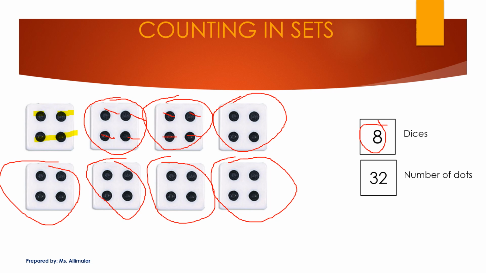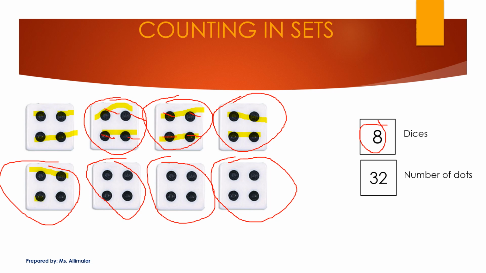So when you count 4 here, what is another 4? 4 plus 4 is 8. 8 plus another 4? 12, correct? Done. 12 you plus another 4. You take out your fingers and count. 12, 13, 14, 15, 16. So 16. Done. 16 plus another 4.